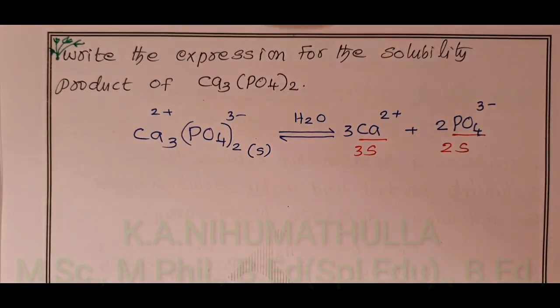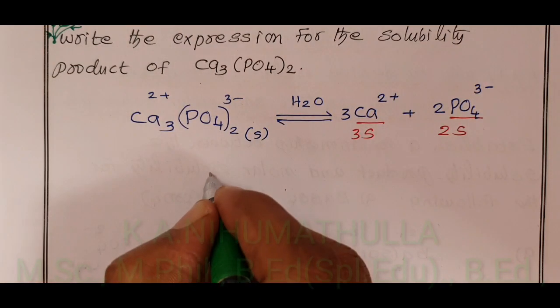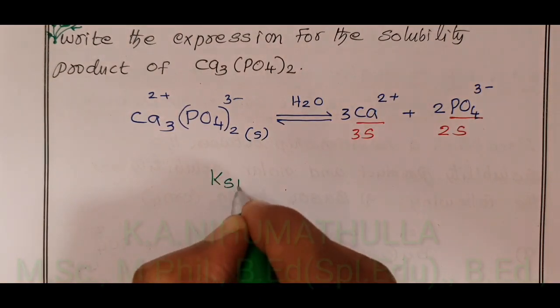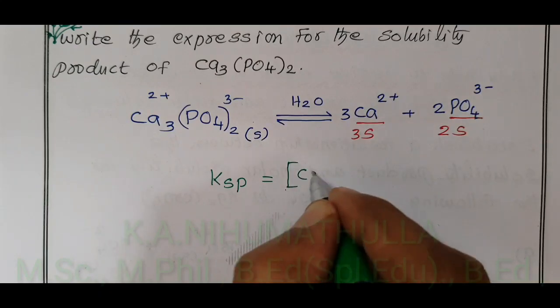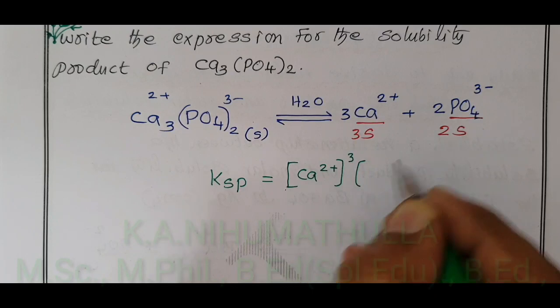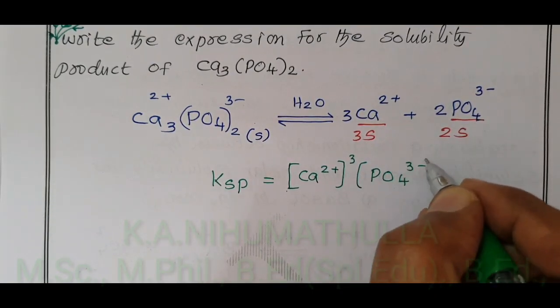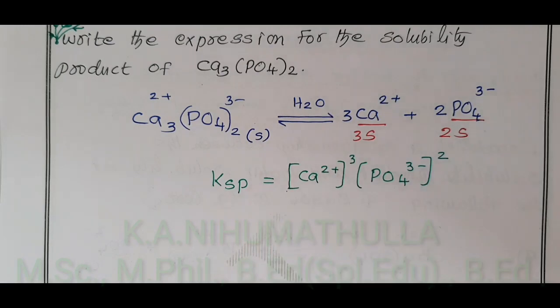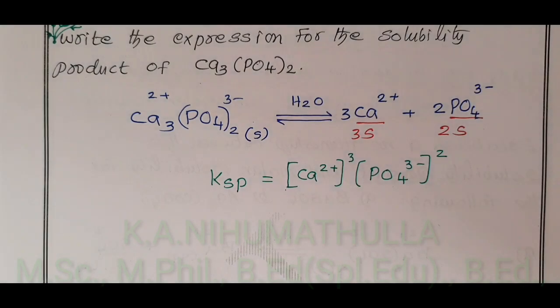Now I write the equation to calculate the solubility product. K solubility product is equal to the concentration of calcium 2 plus ion cubed and the concentration of PO4 3 minus squared. Now we are going to substitute the values.